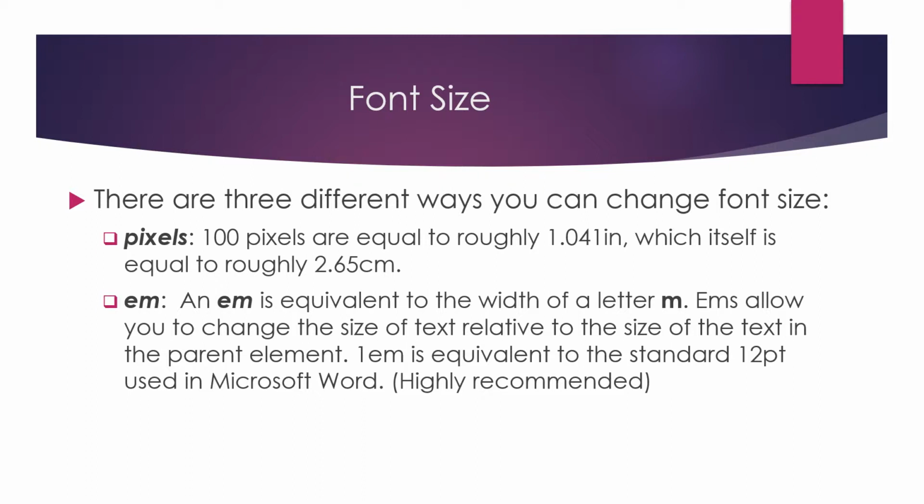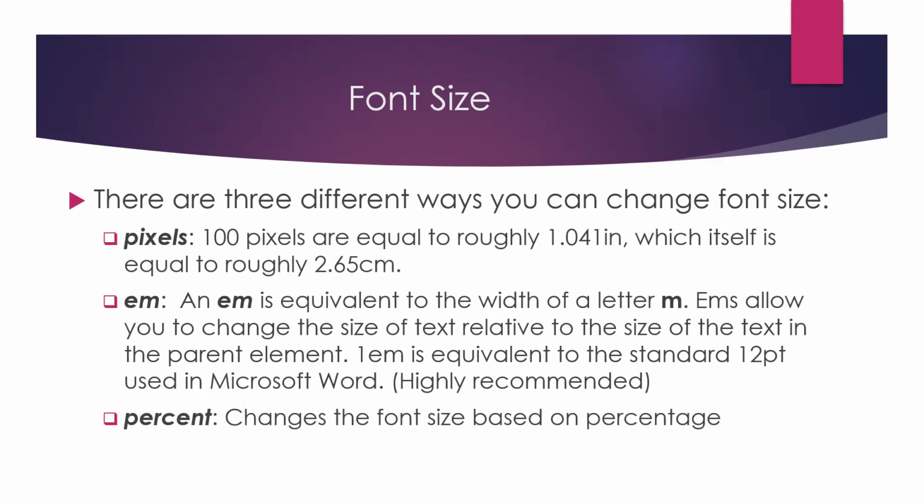This is the highly recommended font size because EMs will adjust to the window of your screen. So if you're using a phone or a tablet or a PC, the font size will adjust accordingly to the size of the screen. You can also use percents. Percentages change the font size based on percentages. This is not usually recommended for font size.